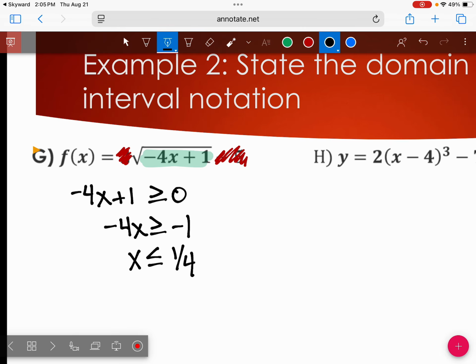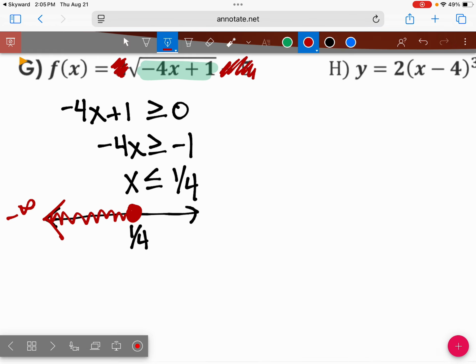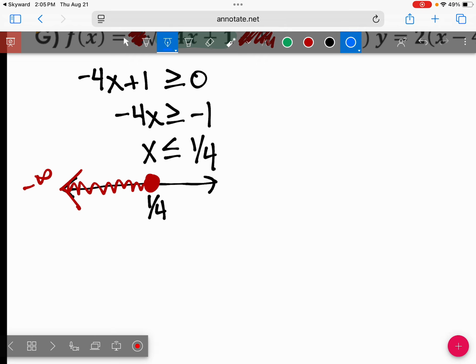So that means that I can only use numbers that are less than or equal to 1/4. This is included. So if I'm reading this as an interval from left to right, -infinity to 1/4, this side gets a parentheses, and this side we can have a bracket.